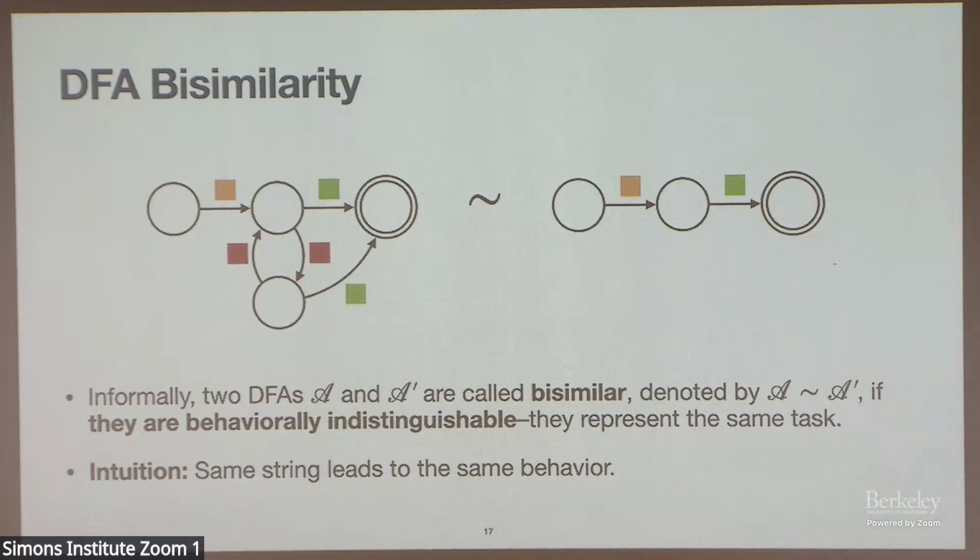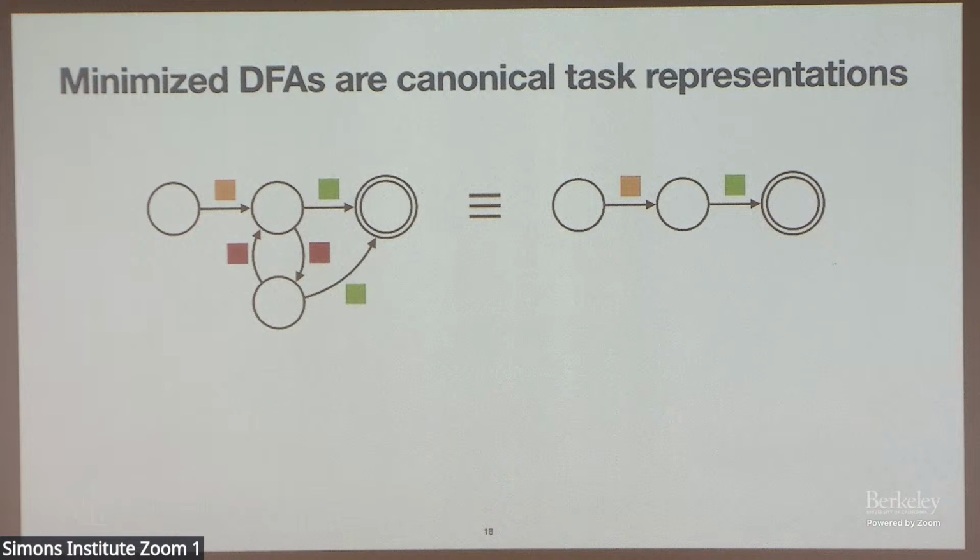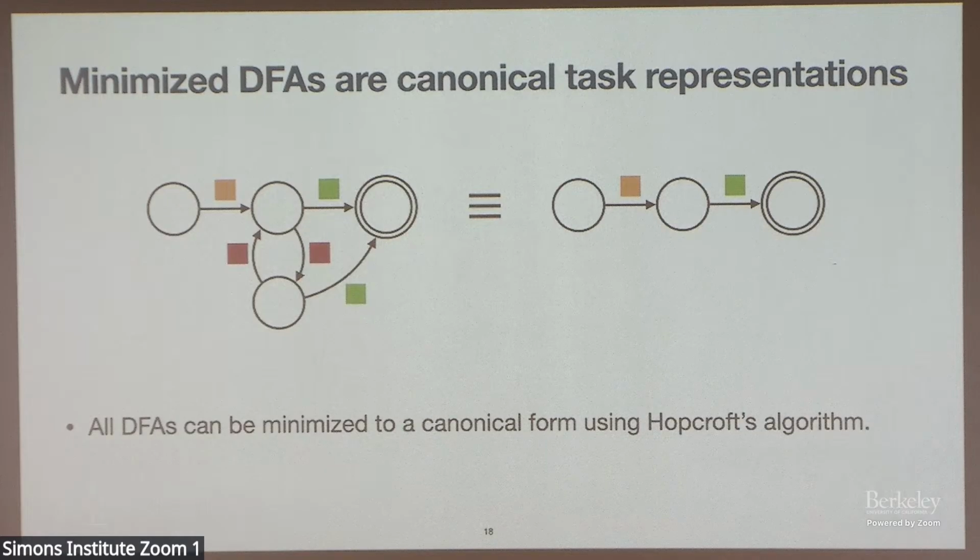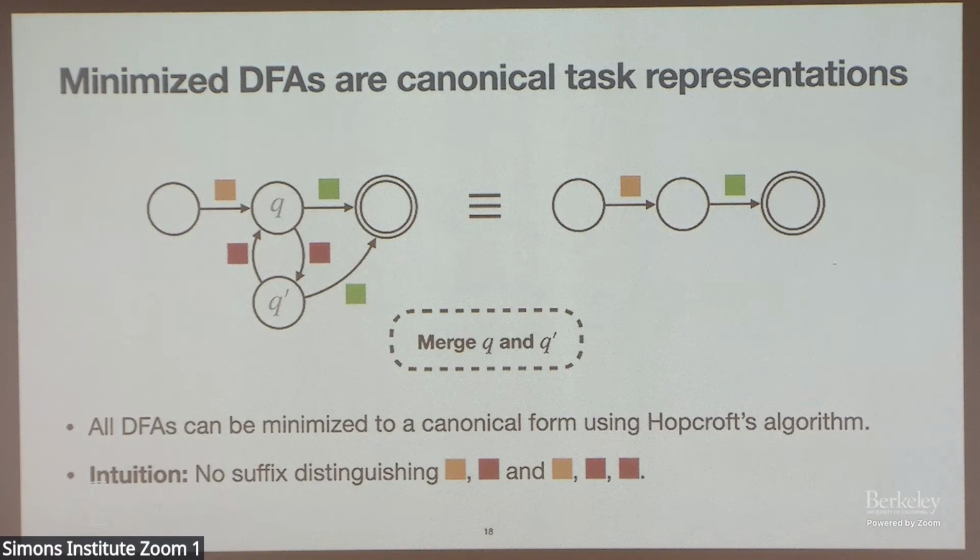So these two DFAs are bisimilar. Building on top of this intuition, DFAs can be minimized into a canonical representation using a classical algorithm. Again, the intuition is, for example for these strings, no suffix changes what you see in the future. So you can just merge Q and Q prime and get the DFA on the right. And the DFA on the right is your canonical plan representation, your task representation.